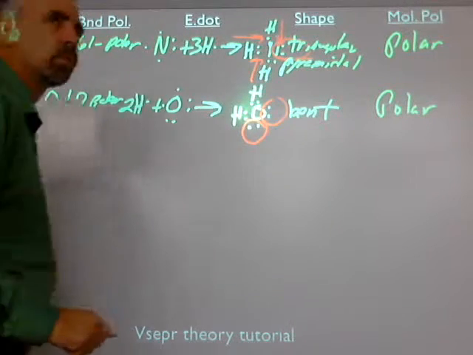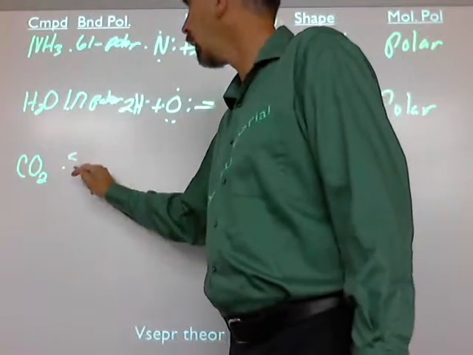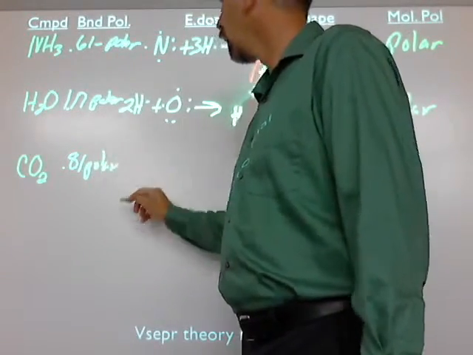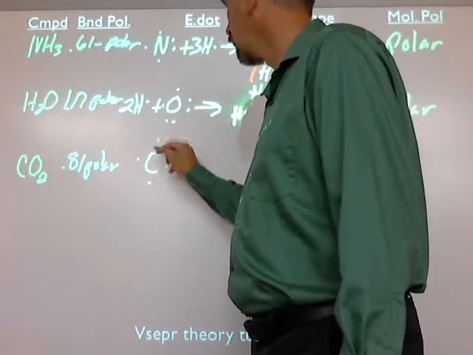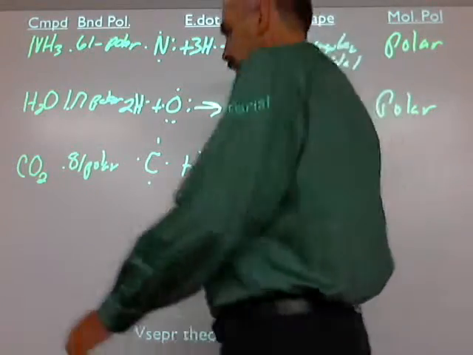CO2. The difference between C and O is what? Point what? 0.8? 1.1? Or 0.9? 0.8, that makes it polar. I draw my carbon. I draw my oxygen. Oops, sorry. That's pretty bad.